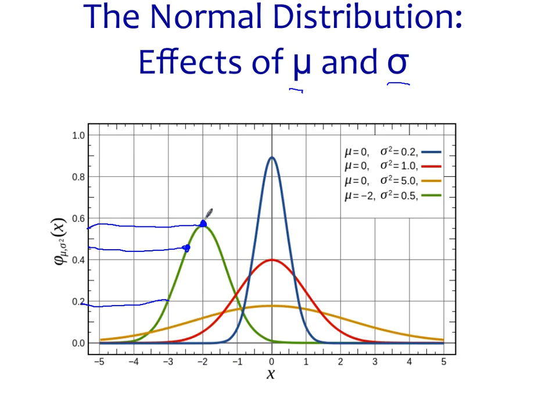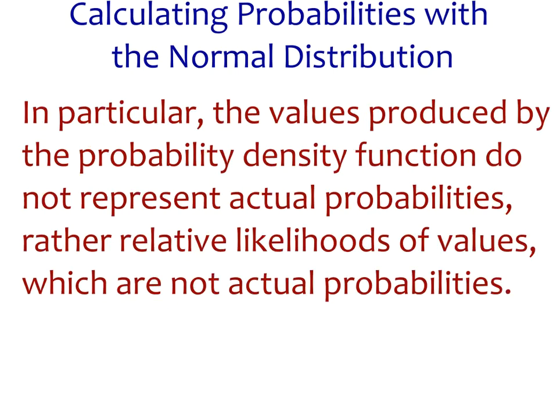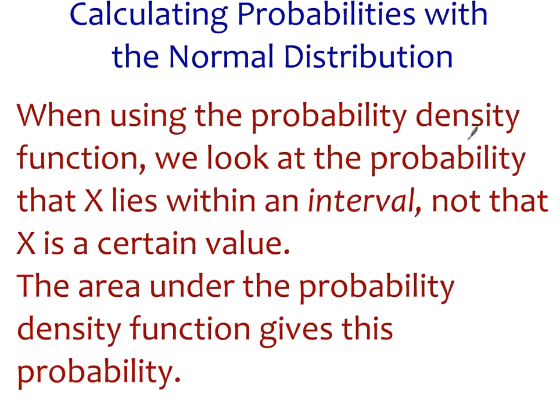But again, for any particular x value on this continuum, the probability is vanishingly small. So even that isn't very useful. So what do we do with this function? Well, the answer to that is we don't look at individual values of x at all. We look at the probability that x lies within a certain interval, not that x is a certain value. So we're looking at intervals here.